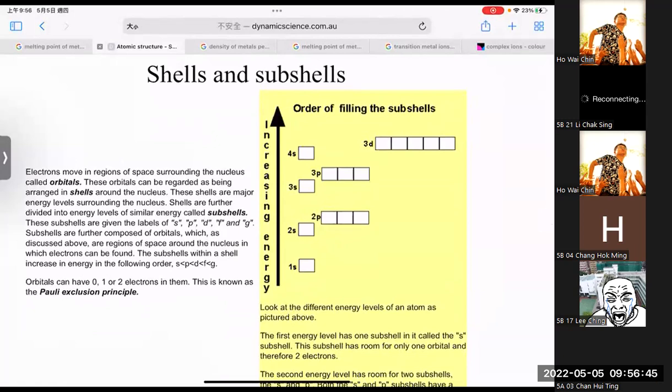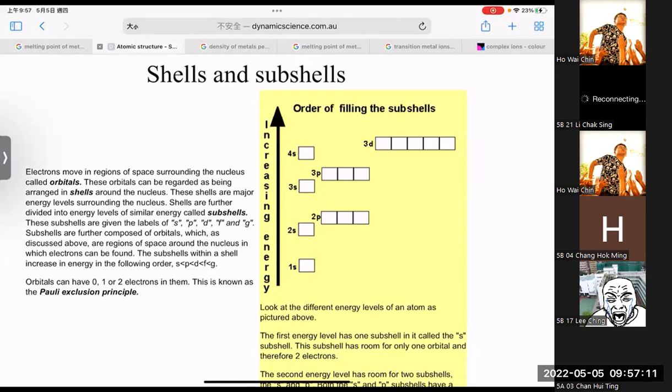You add all together 4 boxes, which means 8 electrons. Now you do the same thing for the third shell, fourth shell, etc. You have got many different types of splitting of orbitals in the shells. While for the 3D orbitals, you may find the 3D orbitals having 5 boxes, which means we have got 10 electrons to be filled.